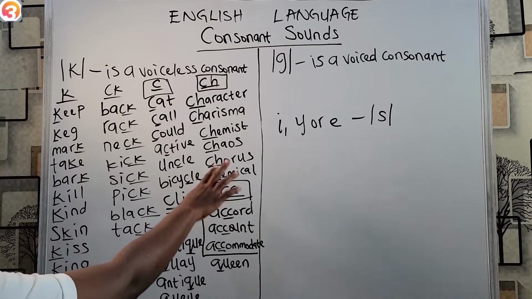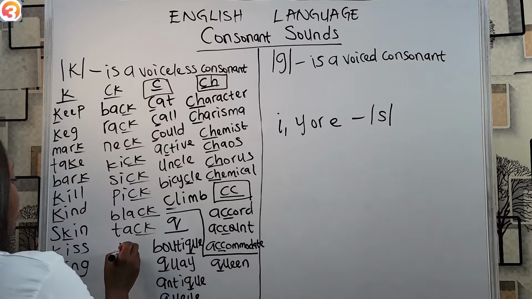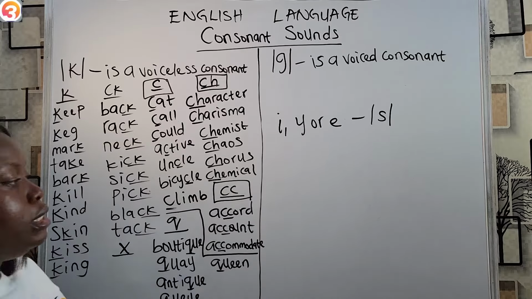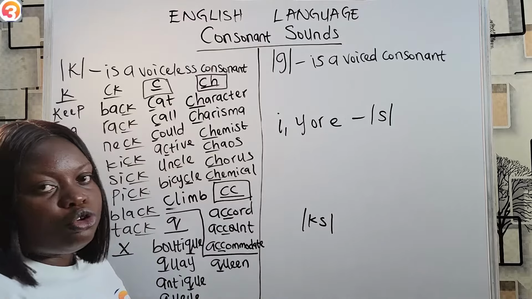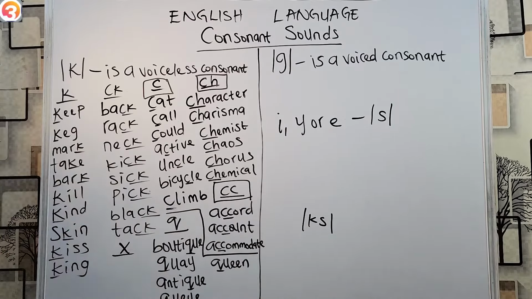Apart from these other spelling ways, you can also find consonant K in words containing letter X. Letter X in words mostly produces two sounds when you're pronouncing it, but since there's still a K sound, we can group it under this consonant.